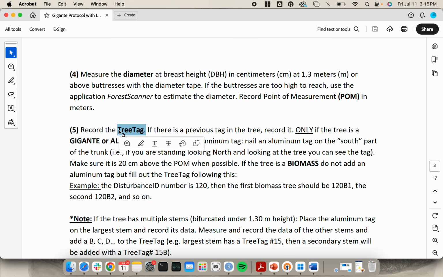So tree tag. If the tree is located within a plot from the 50-hectare plot or someone else's plot, make sure you write down that number, and do not tag trees within the 50-hectare plot or within other existing plots. If the tree is a gigante tree or a control tree, you have to add an aluminum tag.